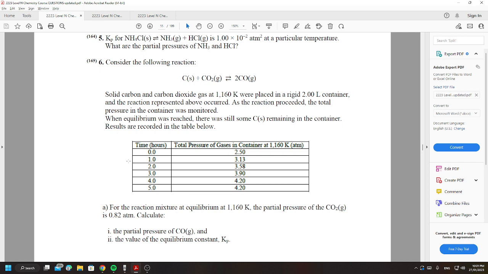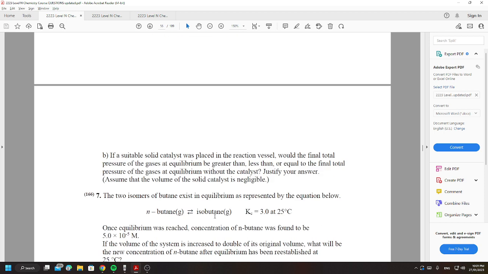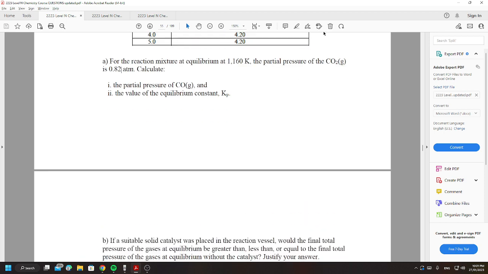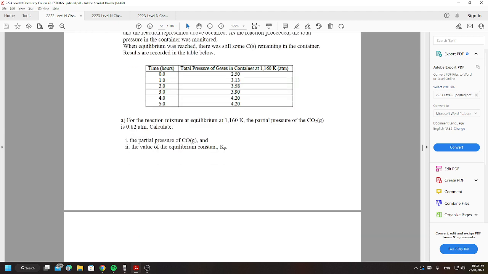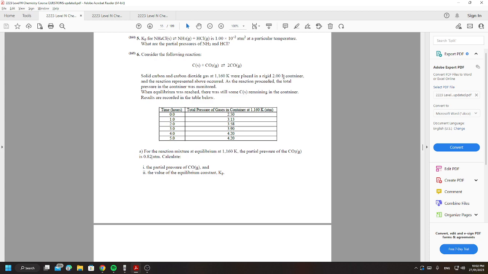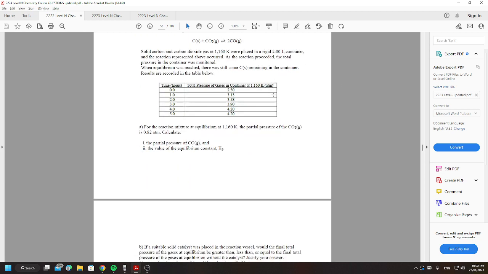Okay, so they told us at equilibrium, so once the reaction has stabilized and the rates of the forward and reverse reactions are equal, the partial pressure of CO2 is 0.82. Let's just note that down for now. I'm going to screenshot all these and just solve them. We're going to use the table below. Actually, did they give us a volume? Yeah, they gave us a volume. Okay, we're going to need this later on.